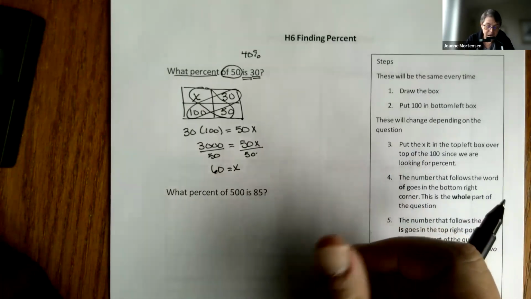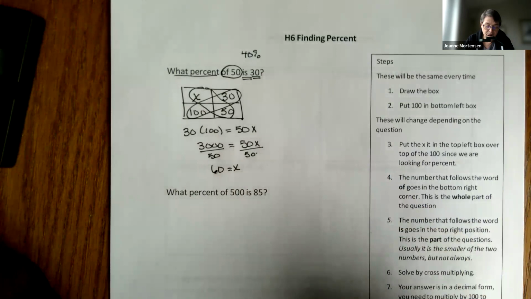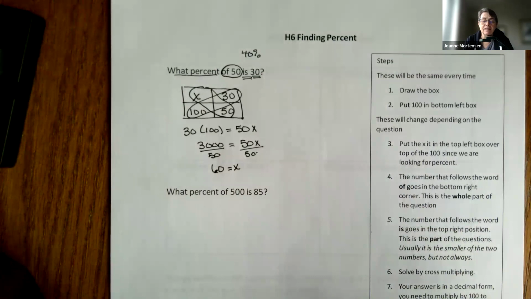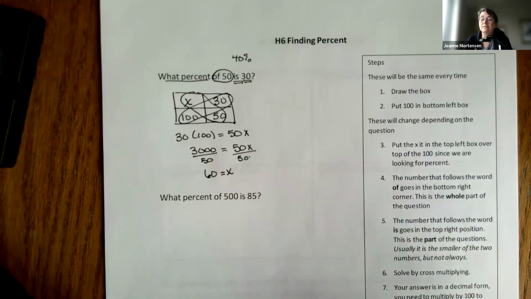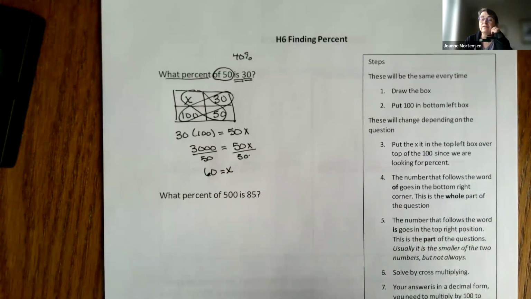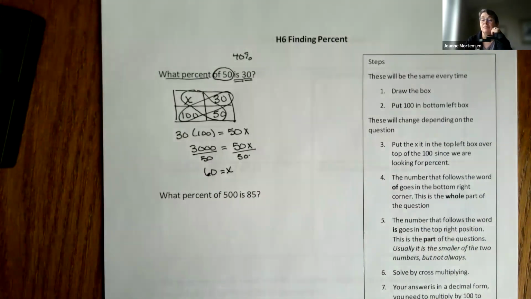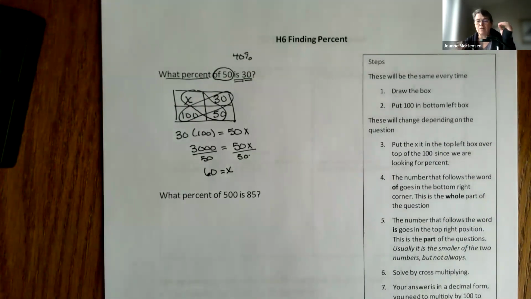There we go. And some of you are going, but I could just go 30 divided by 50 and multiply it by 100 and I'd get that answer right away. Yep, you're right. That is the shorter way to do it. But if you use this, it works every time. And I don't have to remember, is this the time that I divide or is this the time I multiply?